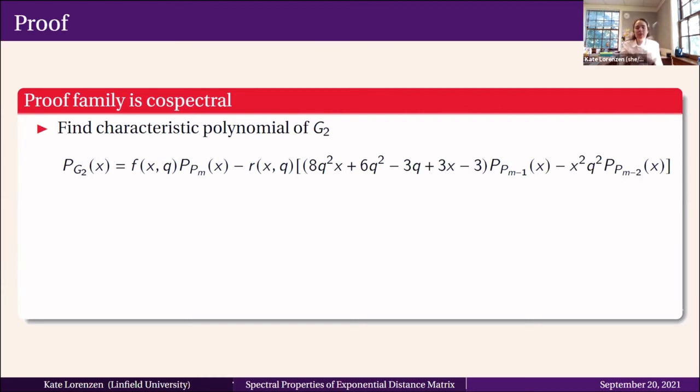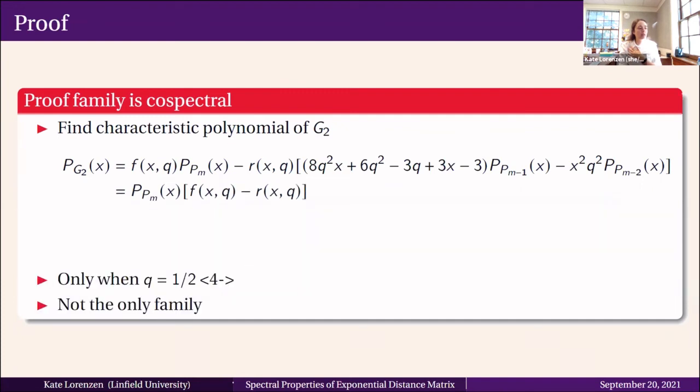When we completely found the spectrum of my path on m vertices, it actually is a recursive definition. So I can apply my recursive definition by getting these two coefficients to work out only when q is equal to 1/2. And so then I can essentially factor out the characteristic polynomial of the path on m vertices.